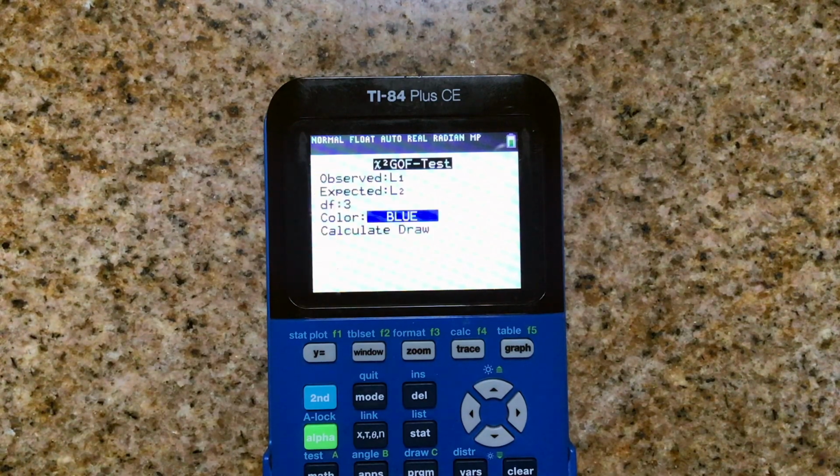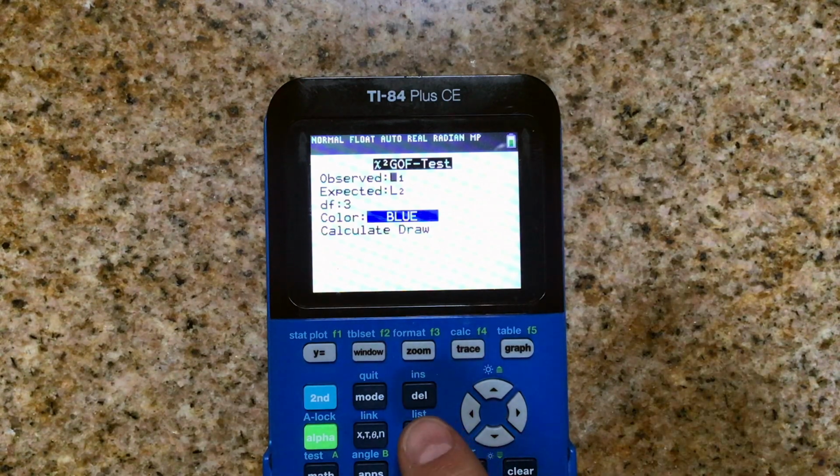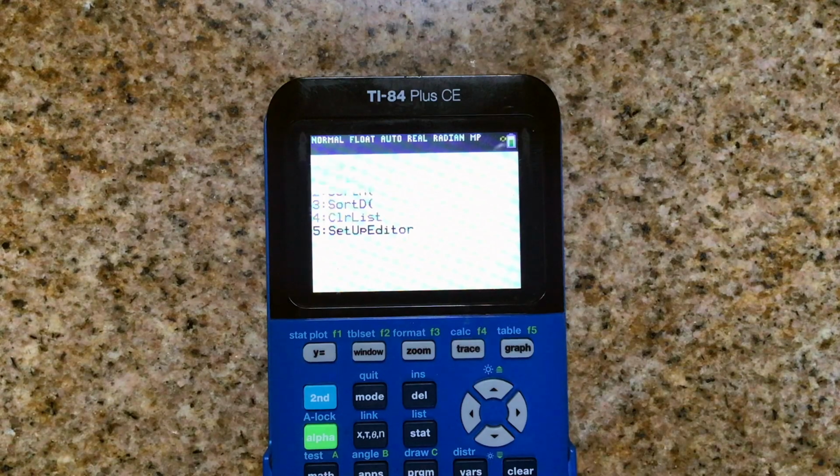So press enter. You'll notice that instead of entering some data, it asks where are your observed and expected values, and they want them in lists, okay? So we are going to go ahead and go over to our lists and put those in instead. So we're going to go ahead and go stat, edit.